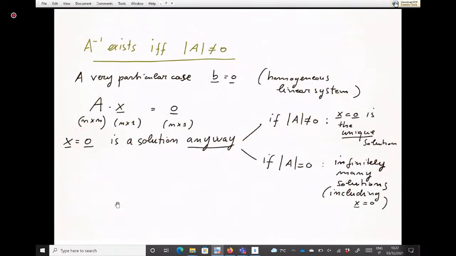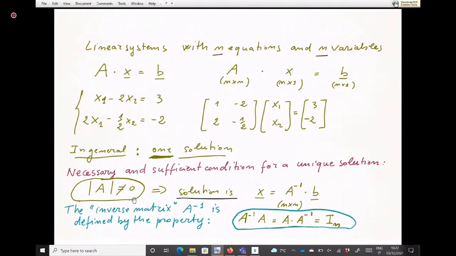It is that the determinant of the coefficient matrix is different from 0. If it is different from 0, we have a unique solution.